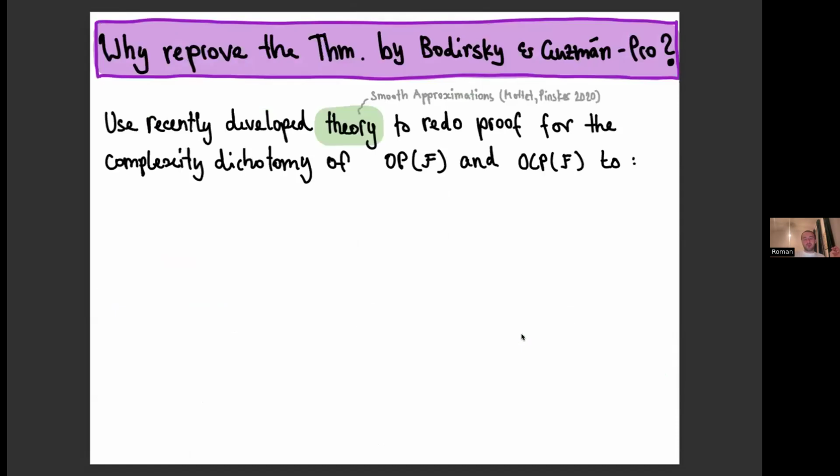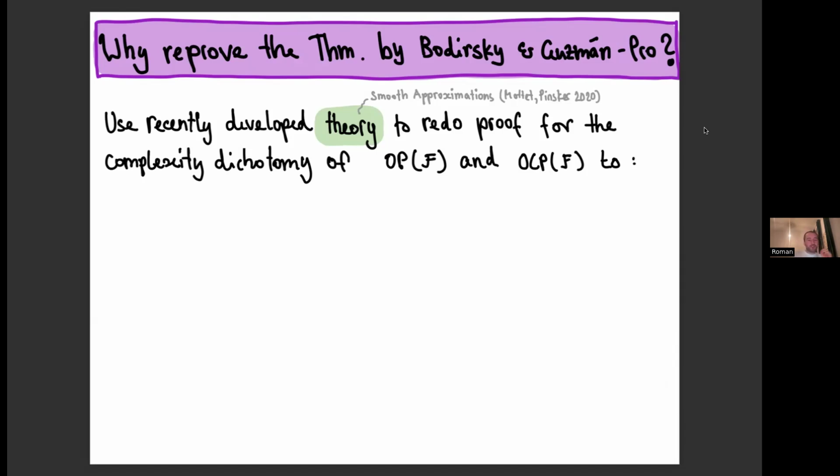And now I want to briefly explain why we actually reproved the theorem by Bodirsky and Guzmán Pro, apart from the fact that I was just starting my PhD and it was a nice beginning project.